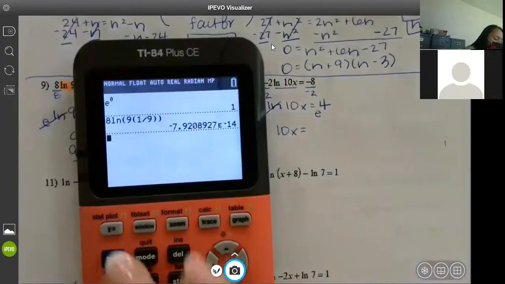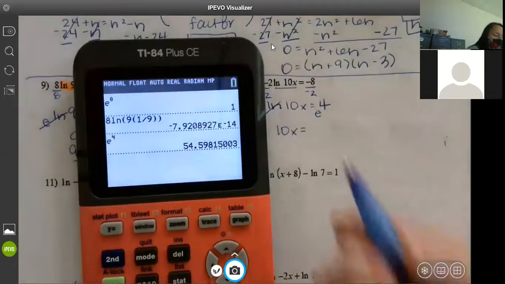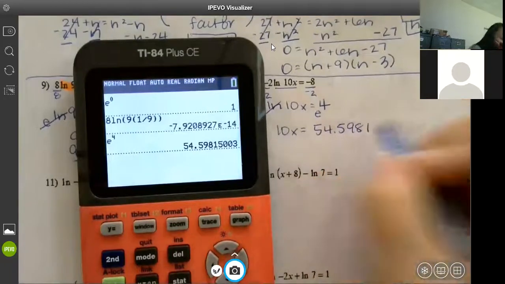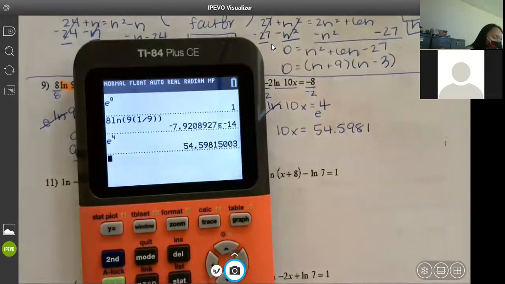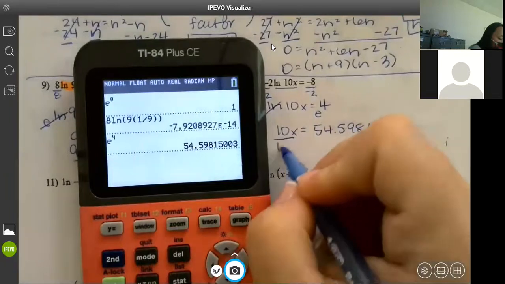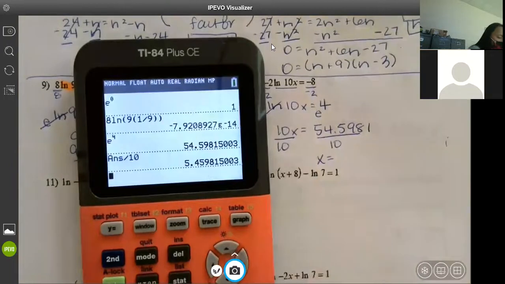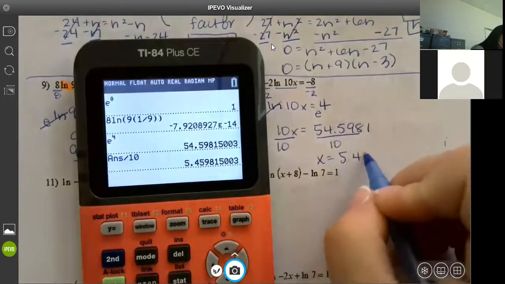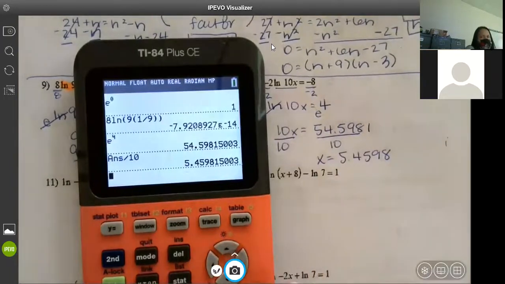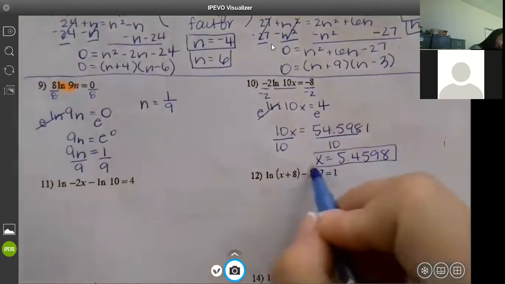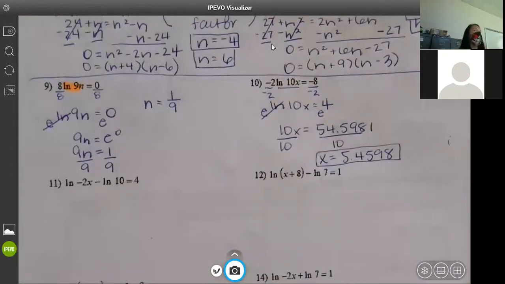And then I'm going to put in e to the 4th to get 54.5981. Last step, divide by 10. x equals 5.4598. If you check it, 10 times 5 is 50 something, so it's a positive number. It's not going to mess anything up. Remember, we don't want negative or 0.